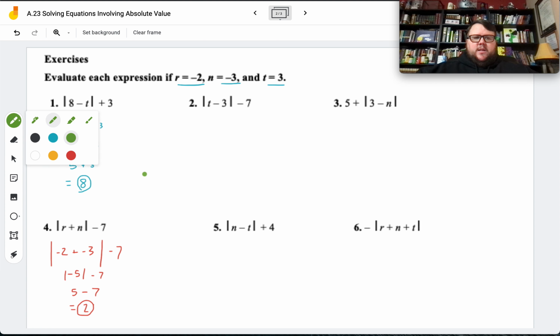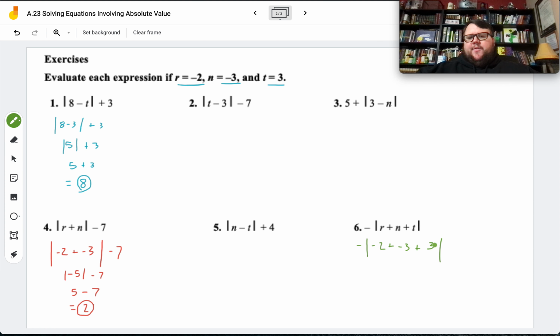Let's do number 6. Notice that the negative is outside the absolute value, so we'll see what that does. R is negative 2, plus N is negative 3, plus T, which is 3.